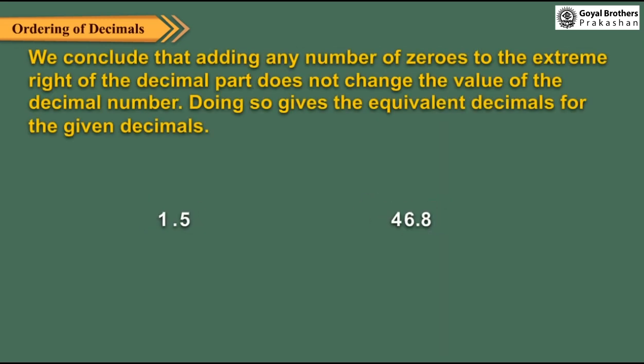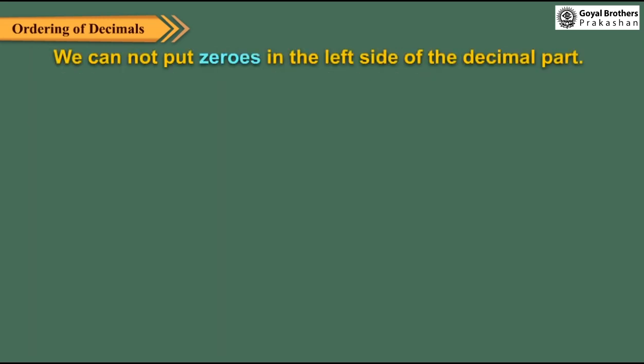From the above discussion, we conclude that adding any number of zeros to the extreme right of the decimal part does not change the value of the decimal number. Doing so gives the equivalent decimals for the given decimals. Here keep in mind, we cannot put zeros in the left side of the decimal part.